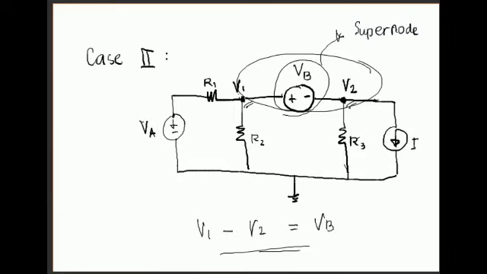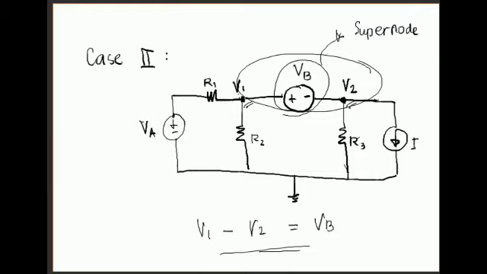So if that happens, then that voltage source forms a supernode. And if you apply KVL at the supernode composed of V1 and V2, you will find that V1 minus V2 is equal to VB.